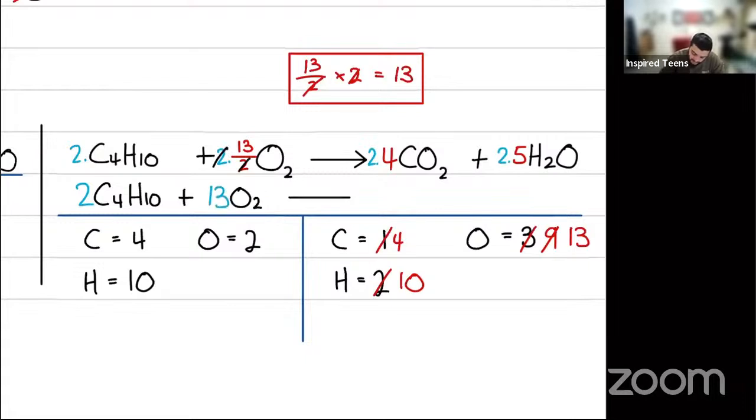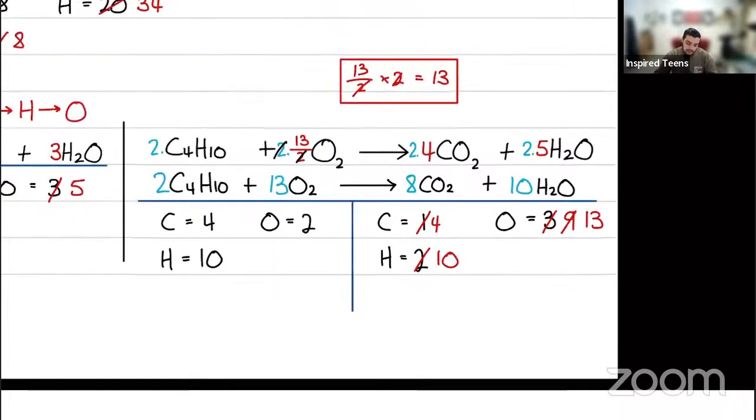And this gives us 2 times 4, the already existing coefficient that we multiplied by 2, we get 8. 8CO2 plus 2 times 5, that's 10 H2O. Okay, and now it's balanced.